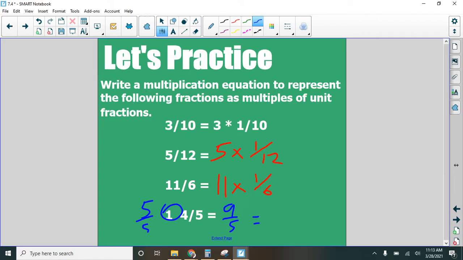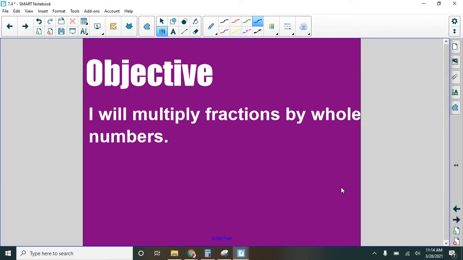And then if I wanted to write that as an equation that shows this as a multiple of a unit fraction, I would put 9 times 1/5. So a little weird like that, right? When you see that mixed number there, you're going to have to deal with that mixed number. A little bit more practice here after we talk about our objective.